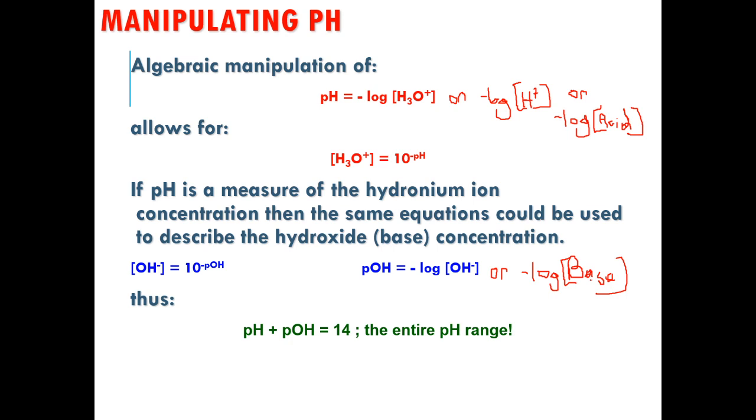Strong bases completely dissociate. So when you have a strong base and it completely dissociates, then whatever its concentration is would also be equivalent to the concentration of the hydroxide in that base.